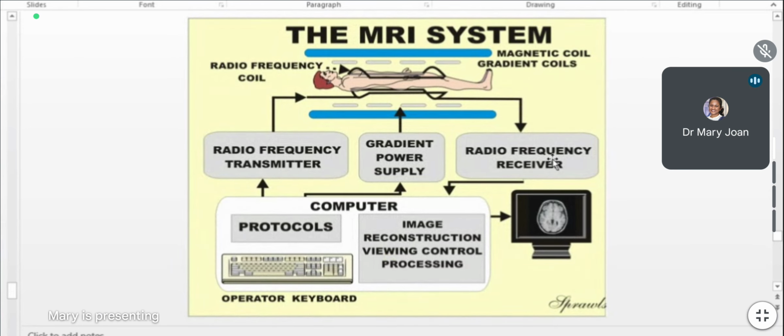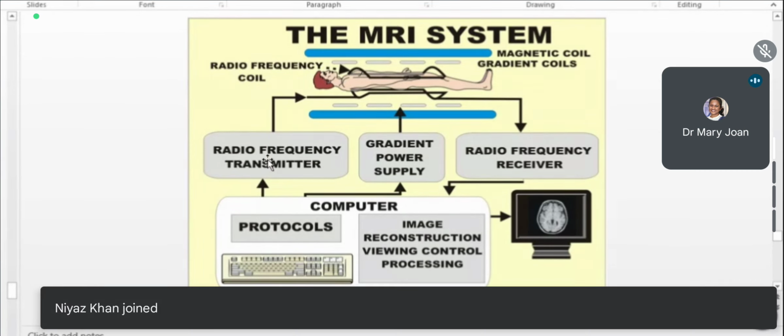So this is again the same thing which we have seen in the previous classes. The MRI signal, magnetic gradient coils, radio frequency coils are there, and the gradient power supply. You can see that the radio frequency transmitter and the gradient power supply both get the input signals from the computer.